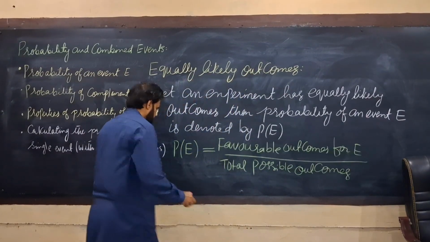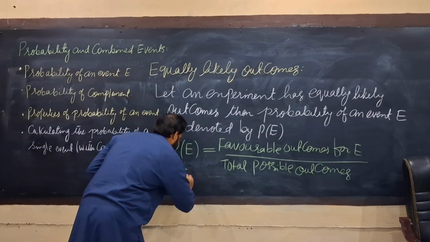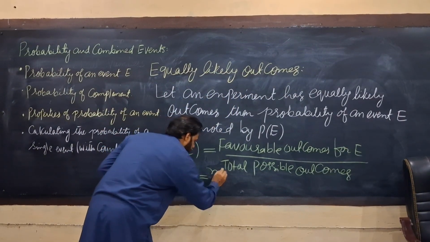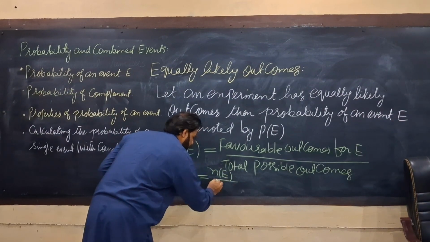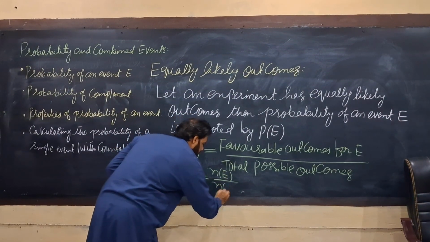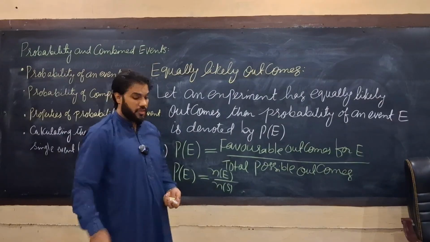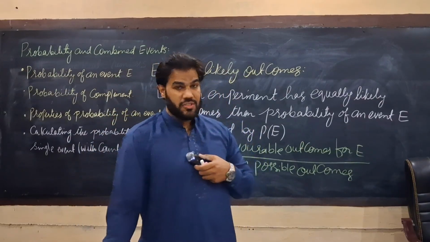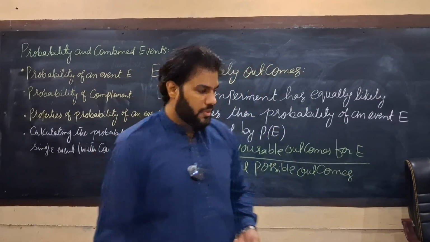You can also write it as probability of E is equal to n of E, the number of favorable outcomes for E, divided by n of S, the total number of possible outcomes in a sample space. So this is the formula of probability of an event E.